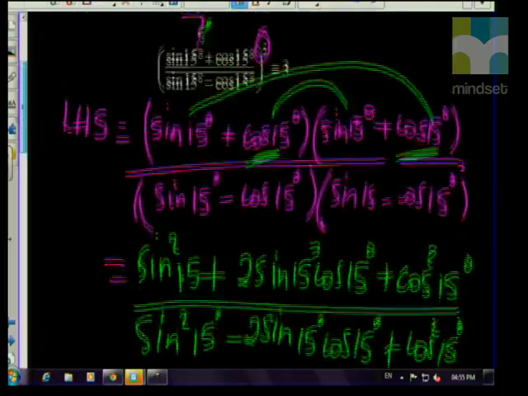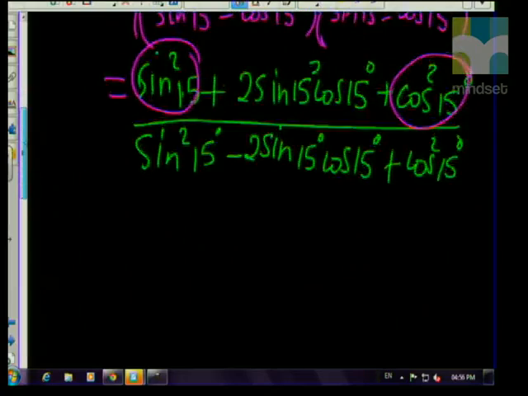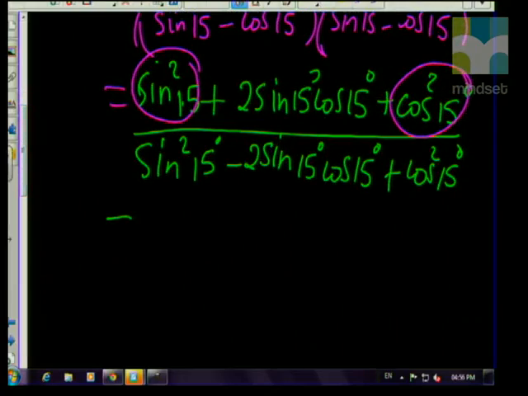Now, we need to be extra careful here. I have the sine squared 15 plus the cos squared 15. Now, guys, remember, if I've got sine squared x plus cos squared x, that gives us 1. So now I can write that 1, from the sine squared 15 plus the cos squared 15.